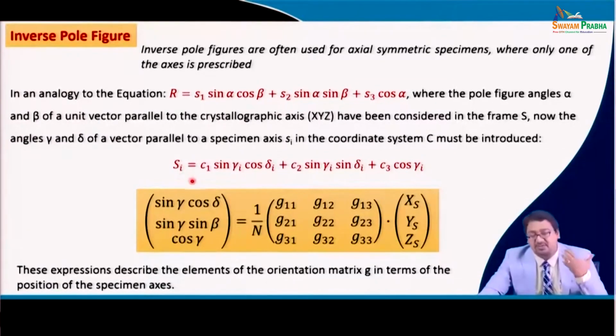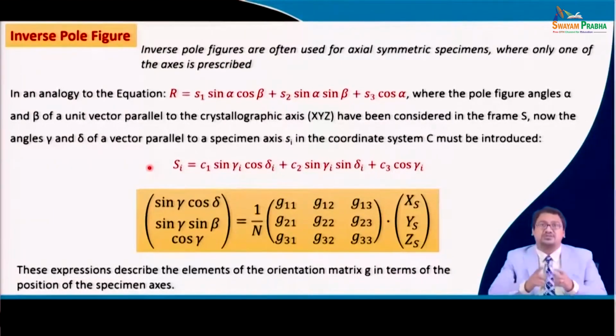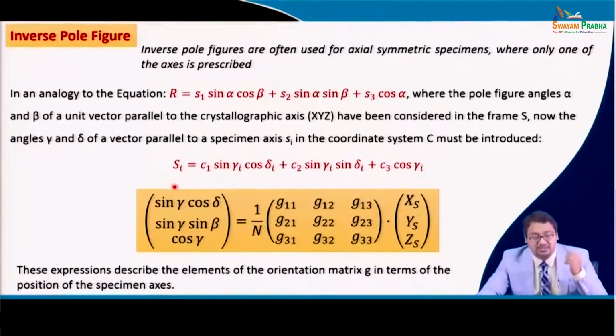The first one may be, say, the rolling plane or the rolling direction, or in the case of extrusion the one singular axis is the extrusion axis. So, say S1 is equal to C1, which is the first important crystal direction, times sin gamma cos delta, plus C2 sin gamma sin delta, same as this equation, and C3 cos gamma, right.